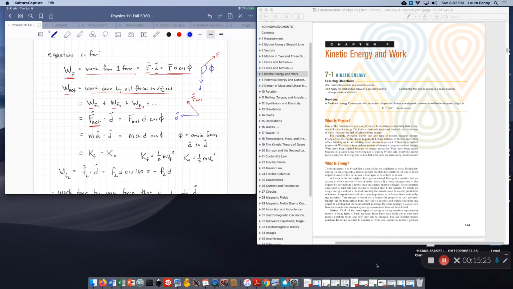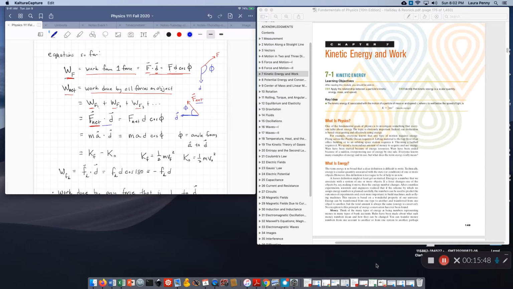Then you could use the net force. You wouldn't have to go through and figure out what they all were. If you know the net force already and a problem is given to you, then you can use that and the displacement and the angle between them to use just this. You just say the net force dotted with the displacement, and that's the net work.